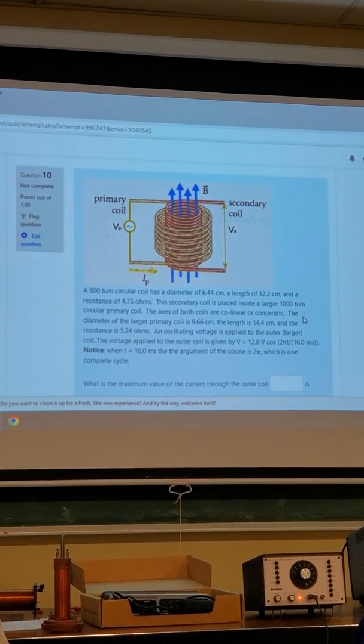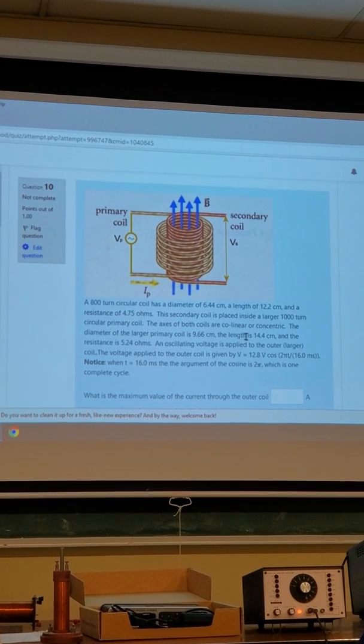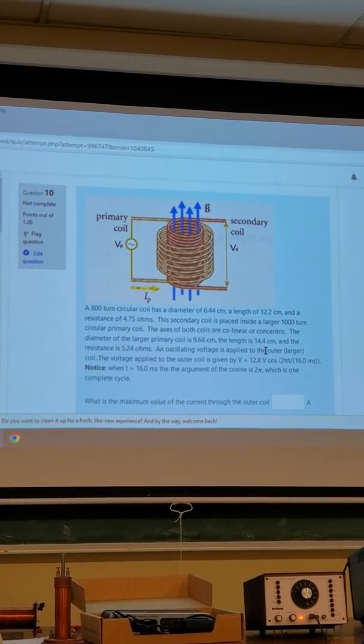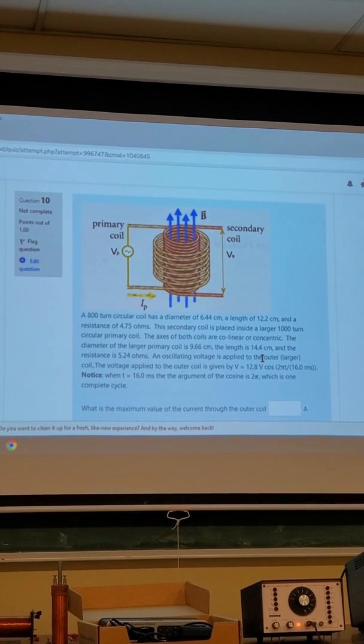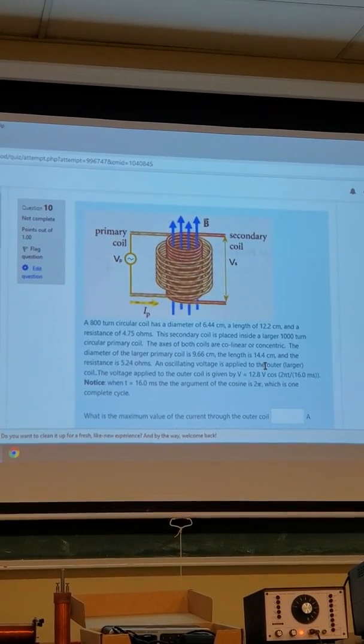The axes of the coils are collinear. The diameter of the larger coil and its resistance are such. An alternating voltage is applied to the outer larger coil, according to this equation.